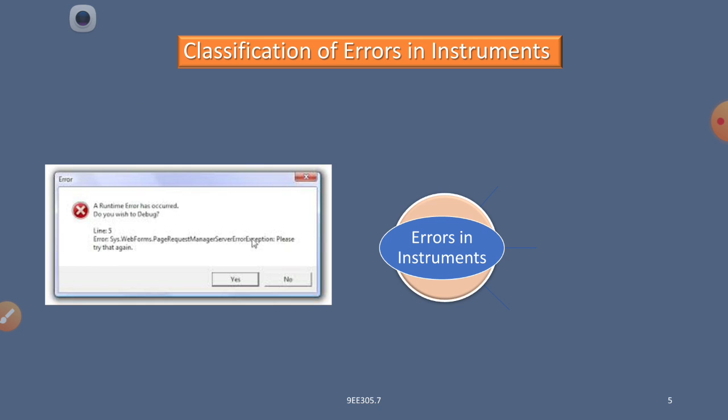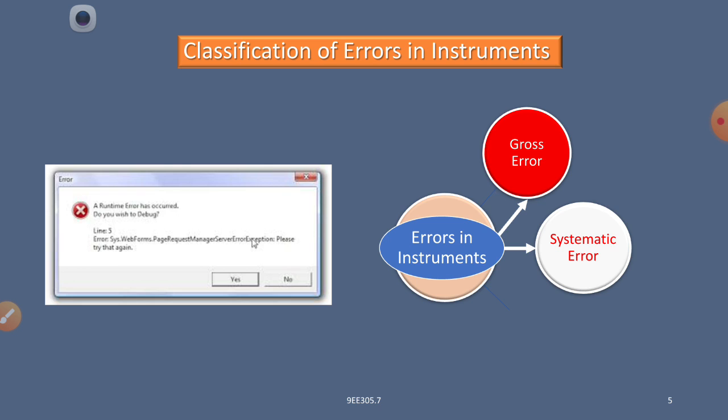Similarly, in our system also there are errors. Errors in instruments are further classified into the gross error, the systematic error, and the random error. So these are the 3 errors in our electrical instruments.